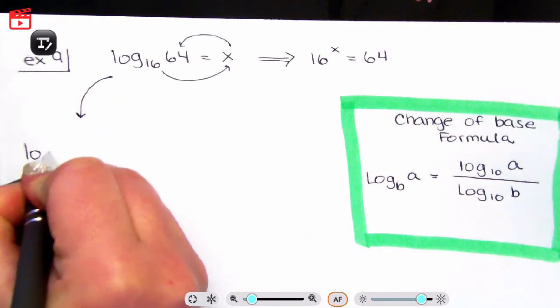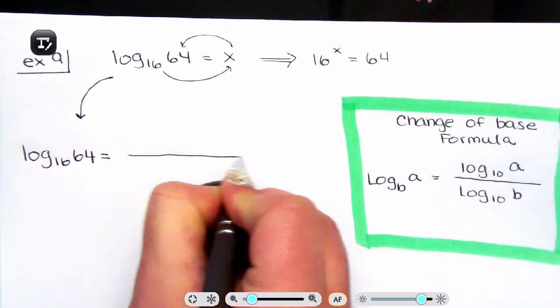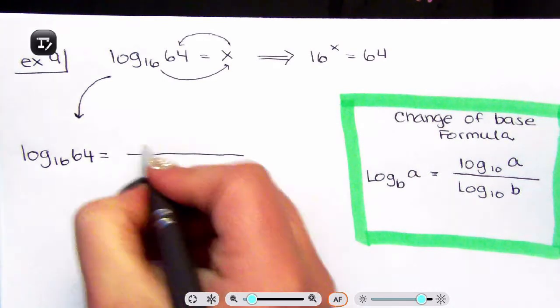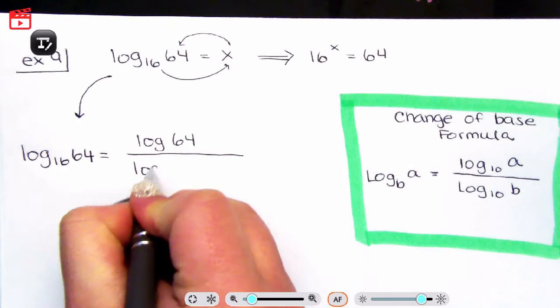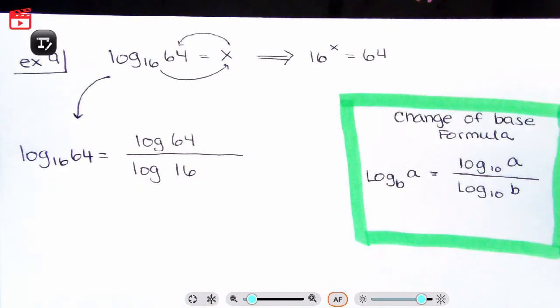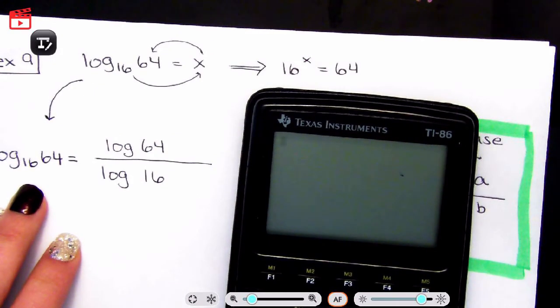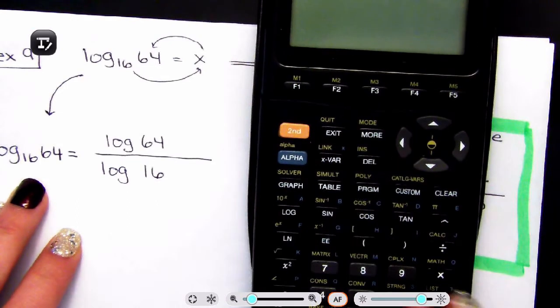So let's evaluate this one here using the change of base formula. I have log base 16 of 64 is equal to, and if you're not sure which one goes on top, which one goes in the bottom, think alphabet. A is first, then goes B. So log of A, which is 64, divided by log of B, which is 16. On my calculator, this is exactly what I'm going to do. I'm going to find my log button. It is not ln. ln, we're going to talk about that a little bit later. So here's log.